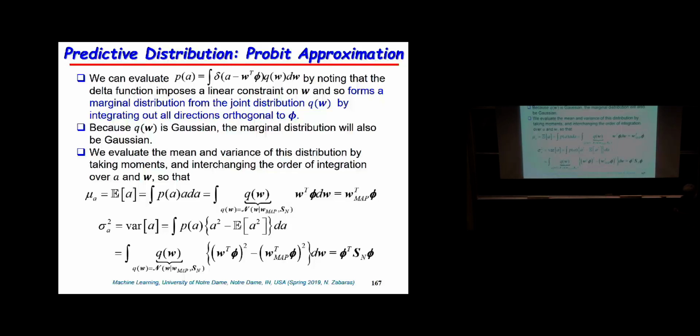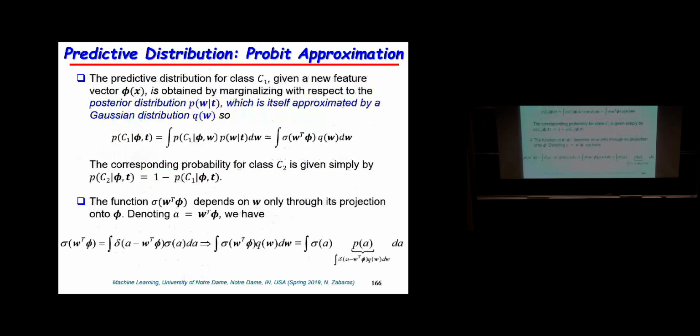Basically, you have managed to approximate this distribution with a Gaussian, where you know exactly what the mean is and what the variance is.